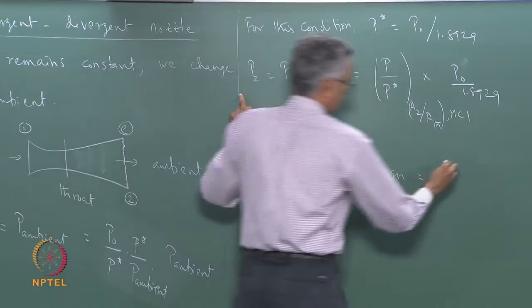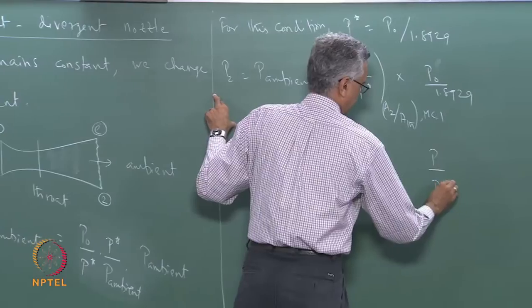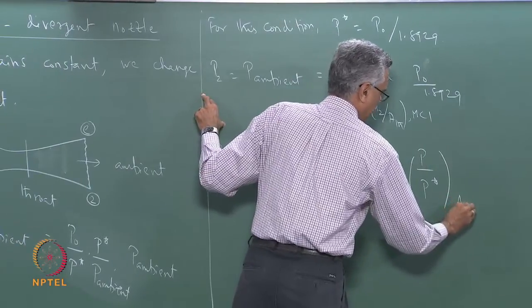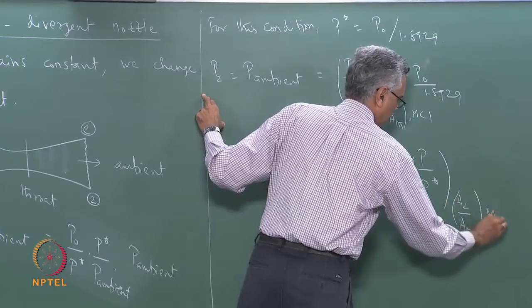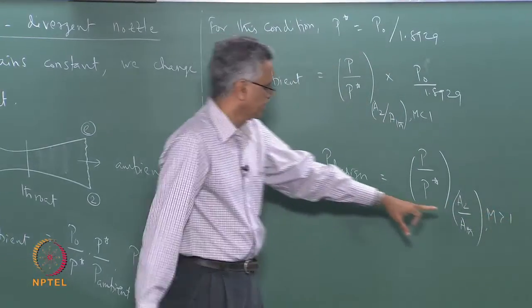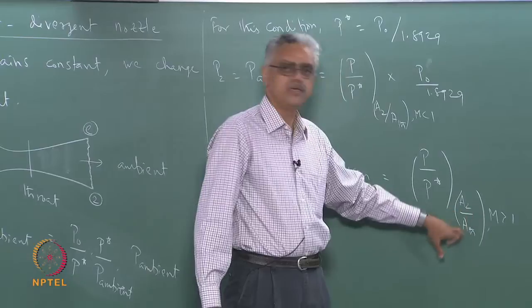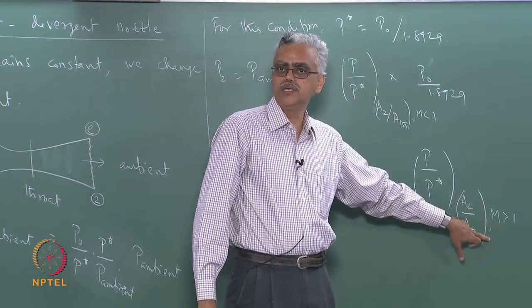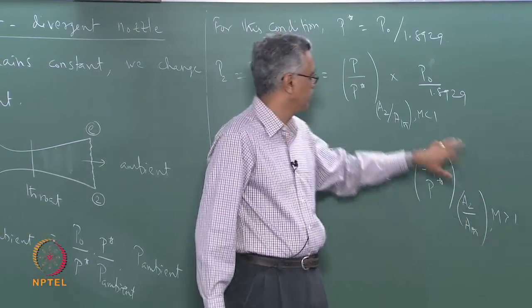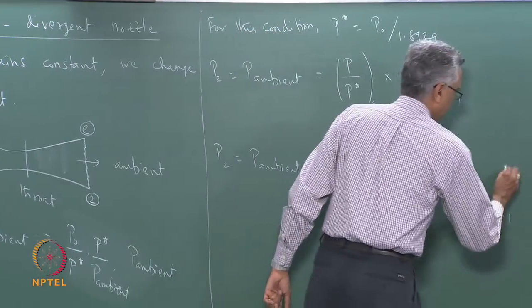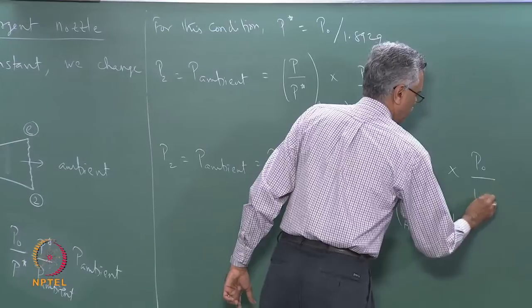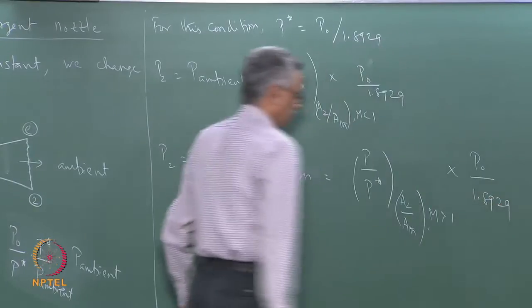It's the same as this, except that we pick up the value corresponding to this A over A star, the supersonic value from the table. Here we picked up the subsonic value, here we pick up the supersonic value from the table, times P0 divided by 1.8929.